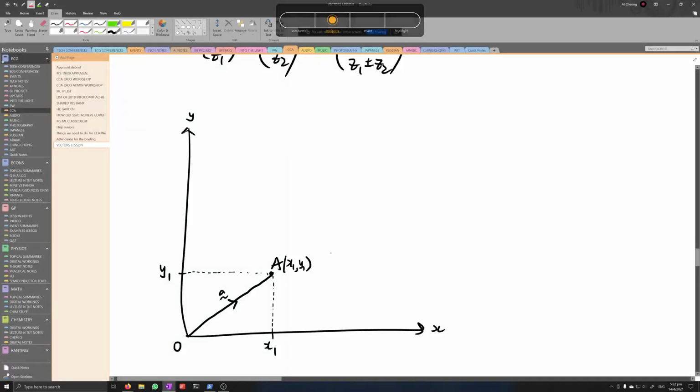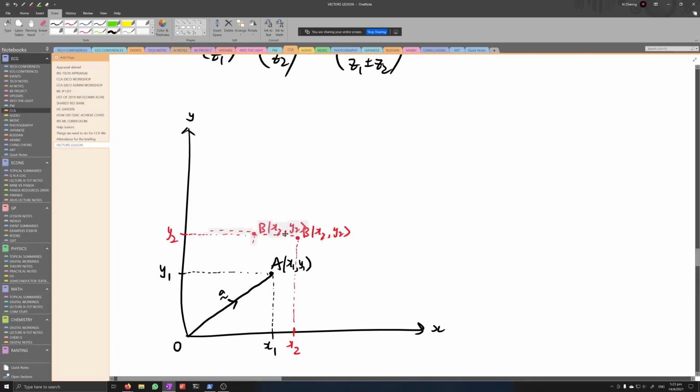Then if we add on another x2, if we have x2 over here, this is a point B. Maybe we move B closer inwards so it's easier for you all to see the difference.